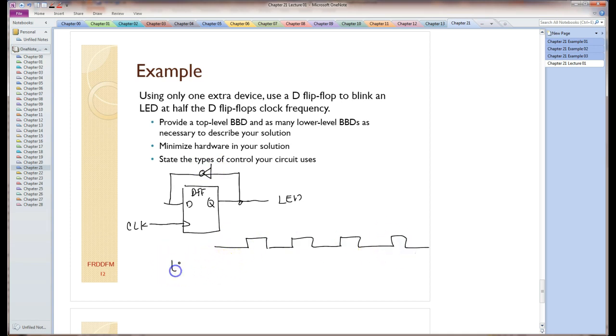The LED clock frequency is going to be, well, let's do this. Well, the LED is either on or off because it's based on the state of this thing. So when the LED is on, that means that on signal gets inverted and gets latched into this thing at the next clock edge, which turns the flip-flop off, which turns the LED off.